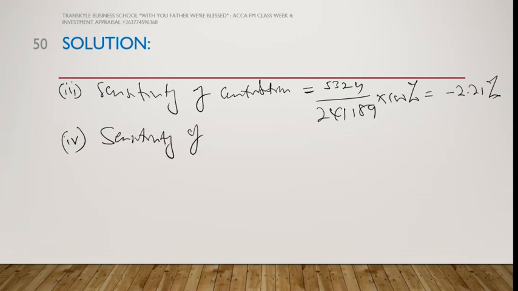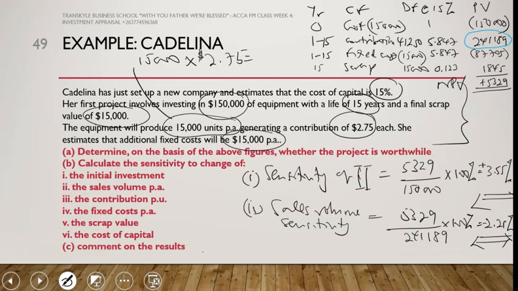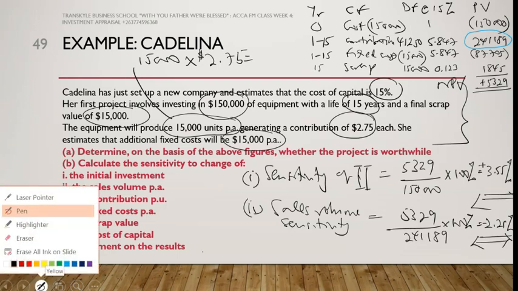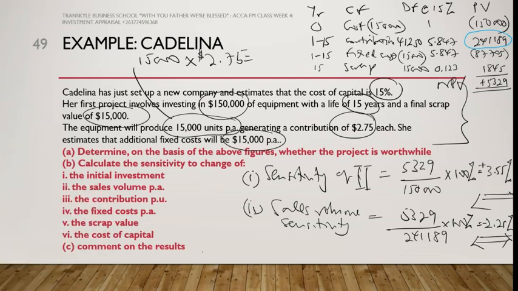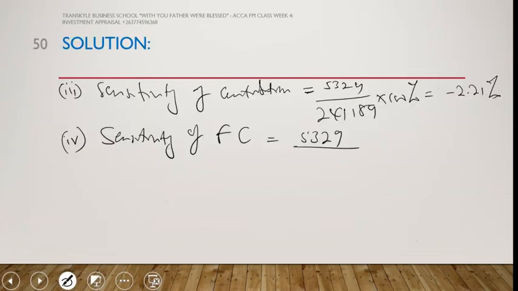Sensitivity of fixed costs. Our NPV is 5329, and then the PV of fixed costs, which we determined to be negative 87,705. So we say 5329 over 87,705 multiplied by 100%.